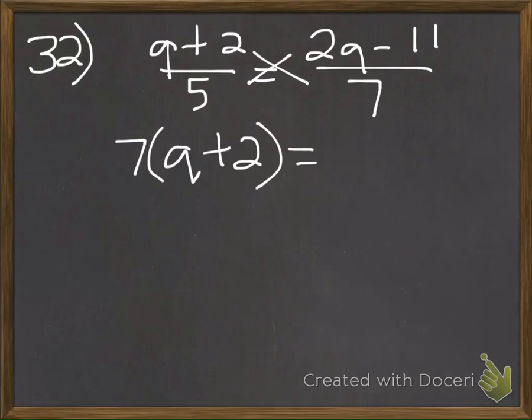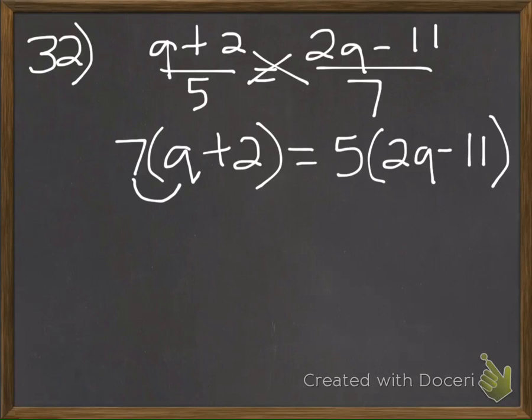And then you write 5 times 2q minus 11. And distribute out your 7. 7 times q is 7q. And 7 times positive 2 is positive 14.